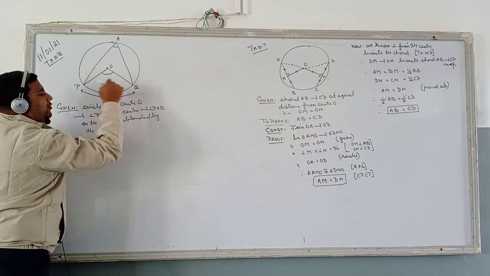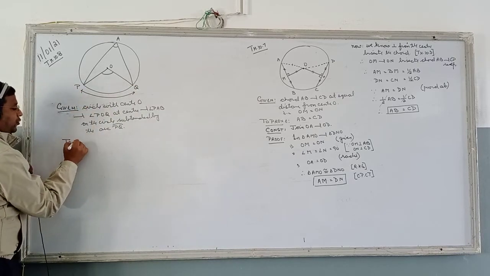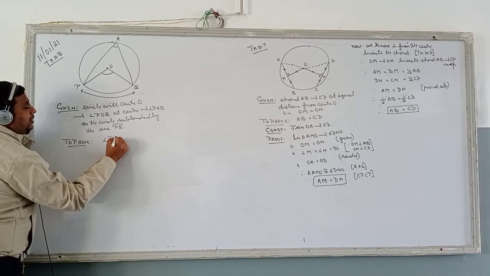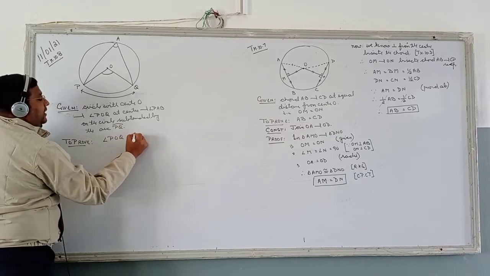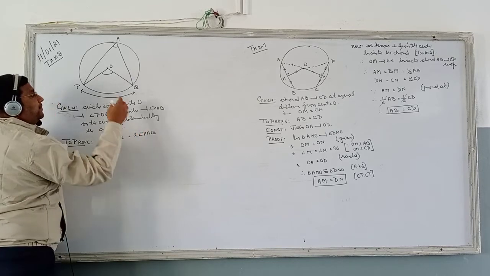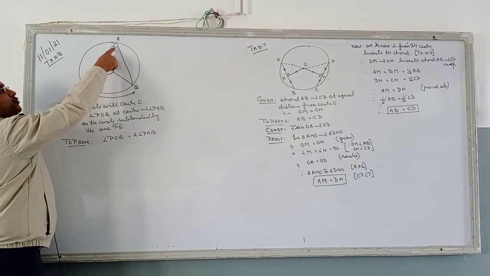Can you see this arc PQ? What we have to prove is that angle POQ is double of angle PAQ. This angle is twice of this.